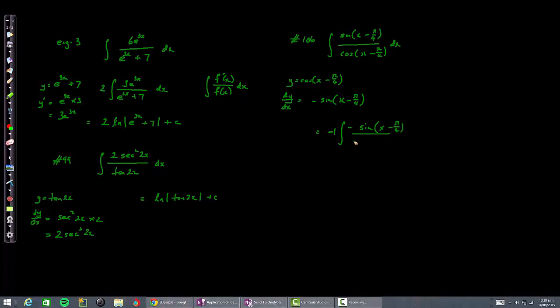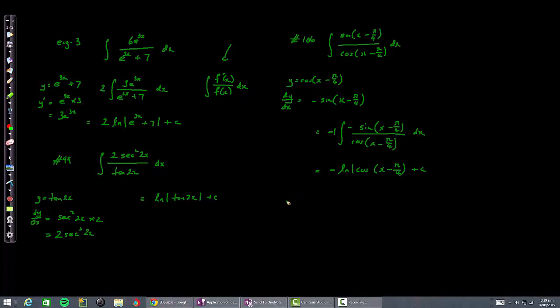But I need the negative here to set it up so we have this situation again. So I can go straight to the answer. It's going to be negative, from that negative in front, natural log absolute value of that bottom function, plus c.